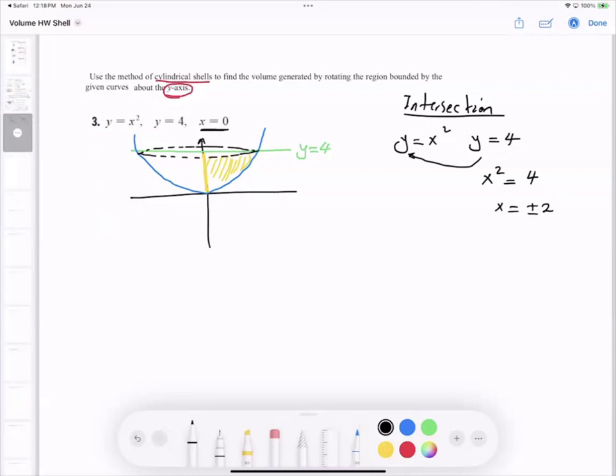And then the question says use the cylindrical shell method. To use the cylindrical shell method, we need to find the circumference of the base and the height, right? So suppose this is just one of the shells that you're looking at, and it should be moved over to the other side to have a better visualization.